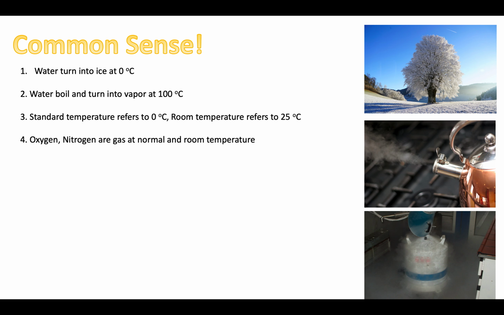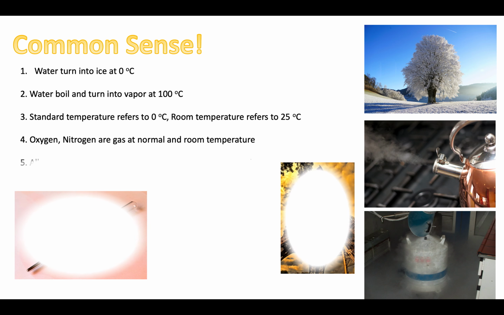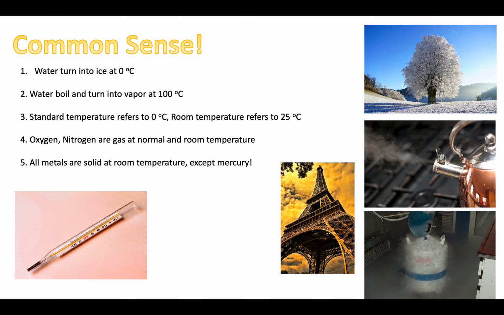One last thing is that all metals are solid at room temperature with one exception, and that would be mercury. The reason we build huge structures with metal is because we know they won't melt at room temperature. If a metal melted, we wouldn't use it to build this tower.